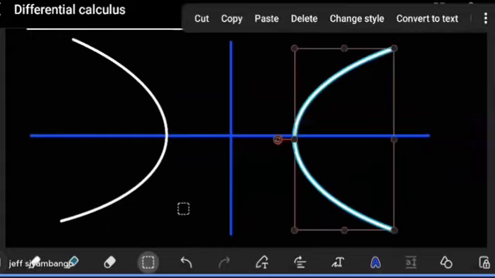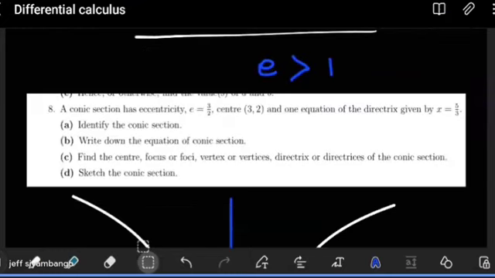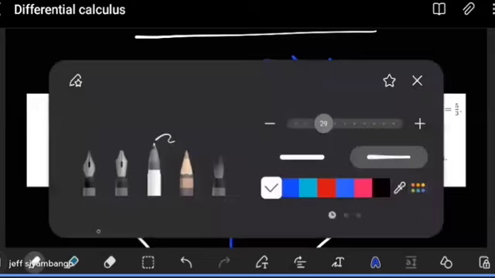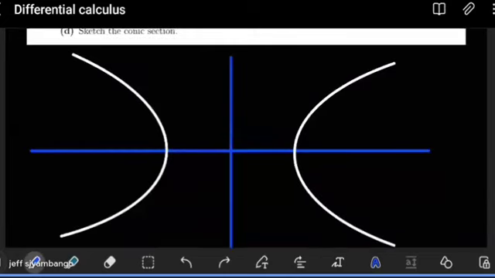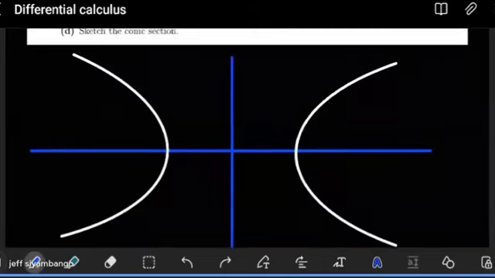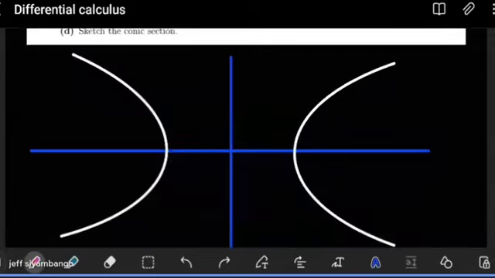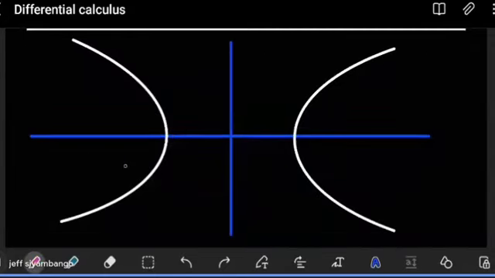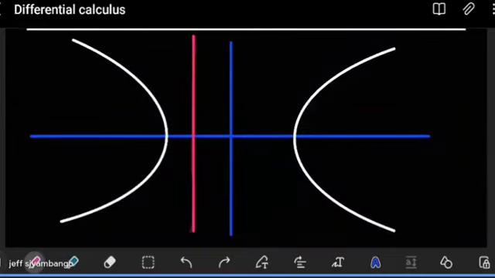Now, in an event that you have the directrix of a hyperbola specified, and in this case, we do see that the directrix is specified right there, you can just view the hyperbola as if it is two parabolas that have been drawn side by side. So this will have a directrix that is here, while this will have a directrix that will be here.